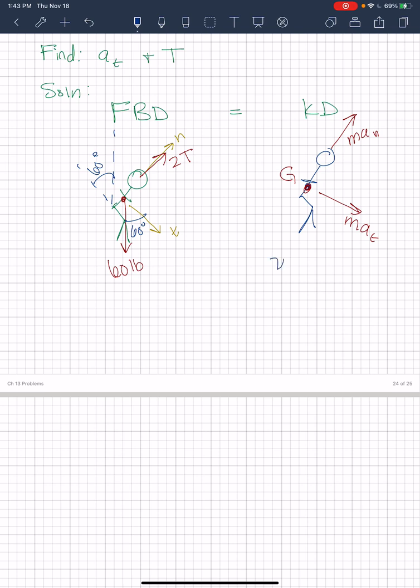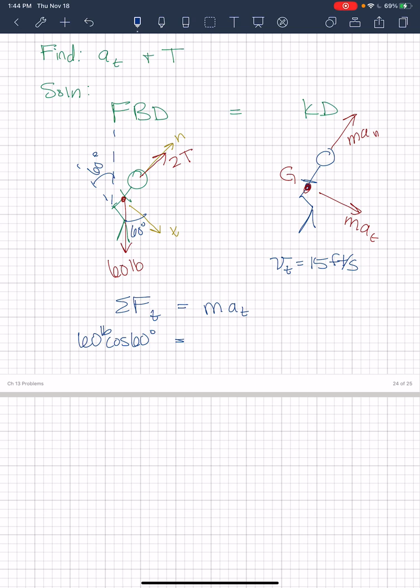With this, we know his tangential velocity is 15 feet per second. So we can sum the forces in the tangential direction equals m a sub t, and the 2T is actually in the normal direction. The weight has some component, so the weight would be 60 cosine 60 degrees, in pounds, and that equals the mass.